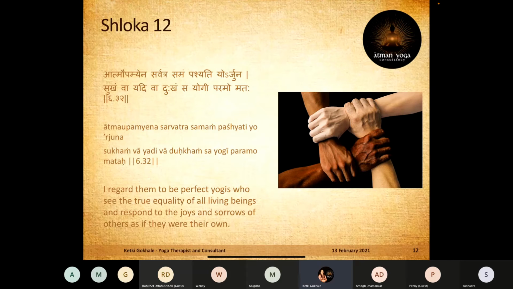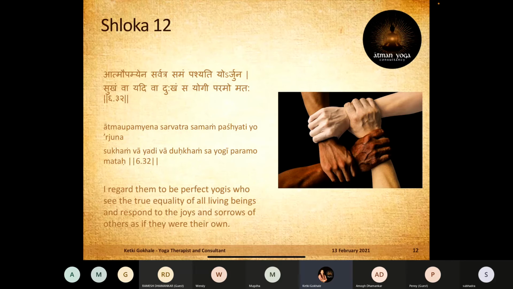I regard them to be perfect yogis who see the true equality of all living beings and respond to the joys and sorrows of others as if they were their own. We consider, for example, all the limbs of our body as ours and equally get concerned if any of them is damaged.